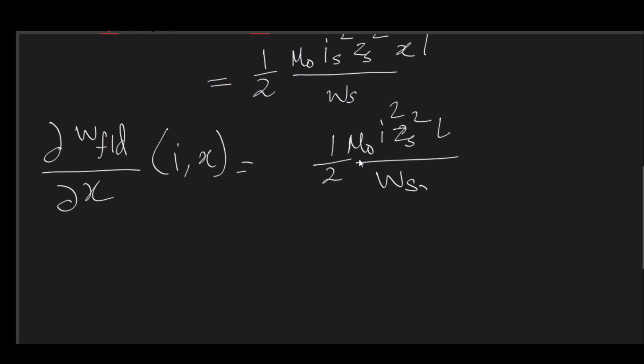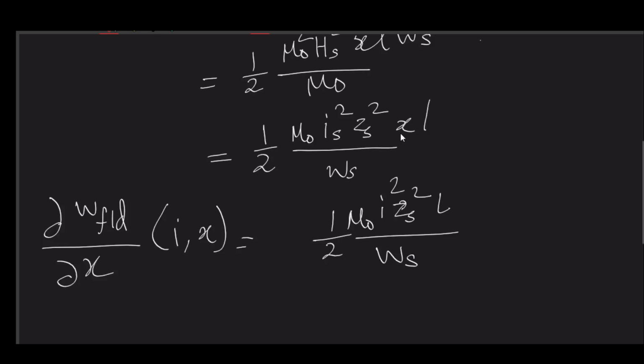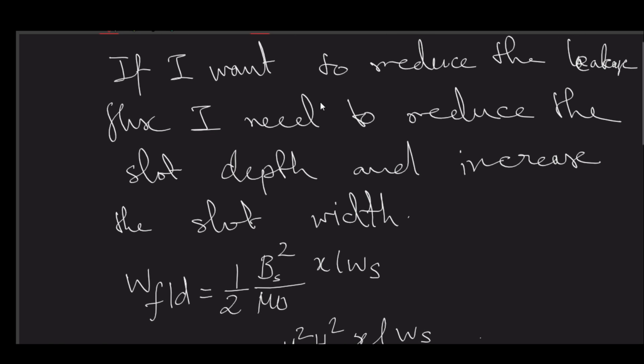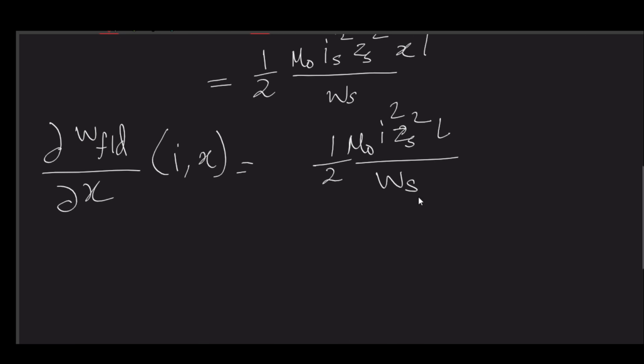So it is very clear, if you want to minimize this force, like in the previous discussion, where we saw that to reduce the leakage flux I need to reduce the slot depth and increase the slot width. Same thing here.